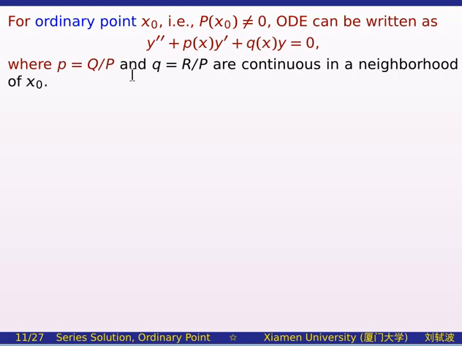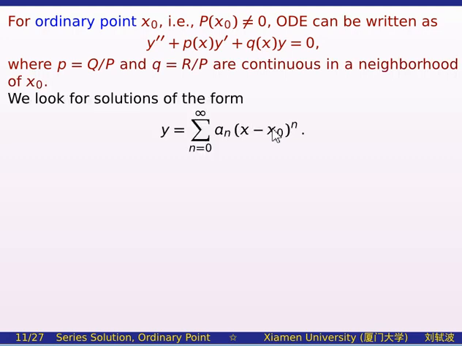So both small p and small q are continuous functions in the neighborhood of x0. So we are looking for solutions of the form of a power series. So how to find a solution of this form? Solutions of this form are called series solutions.